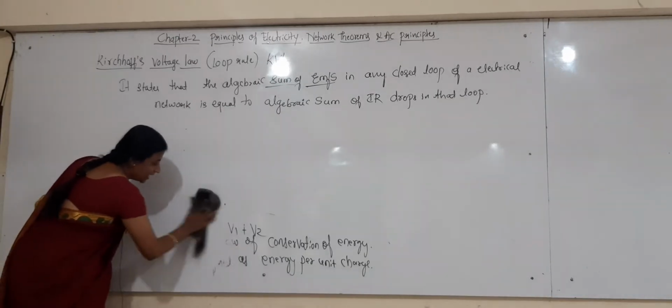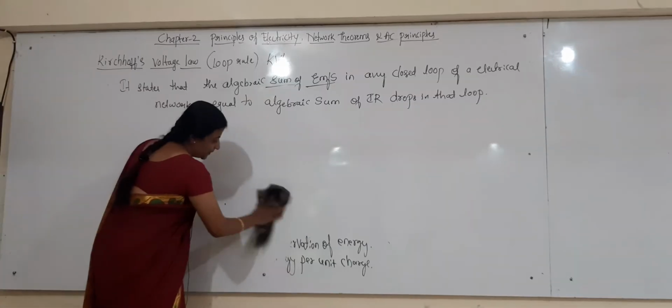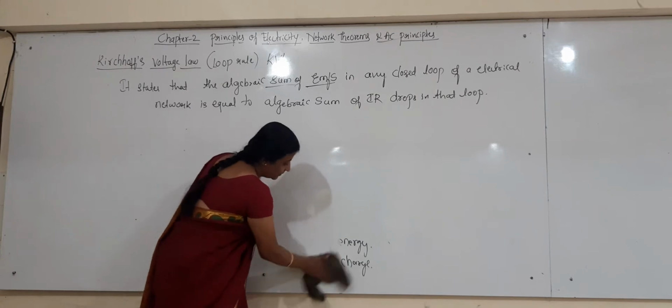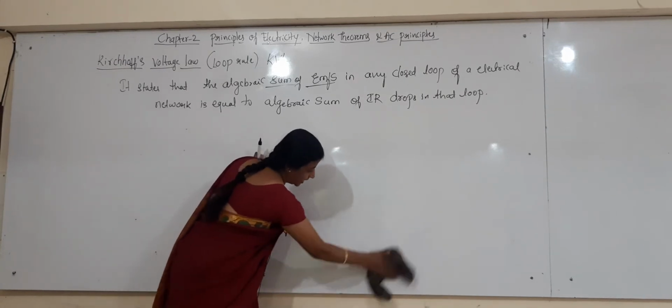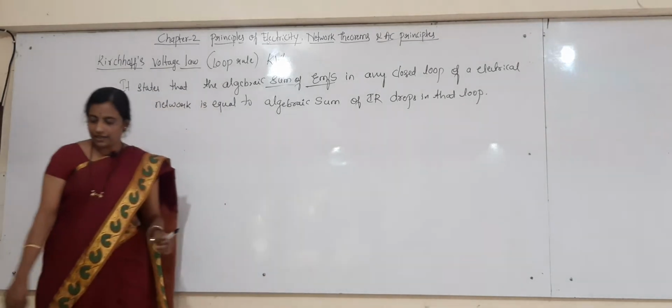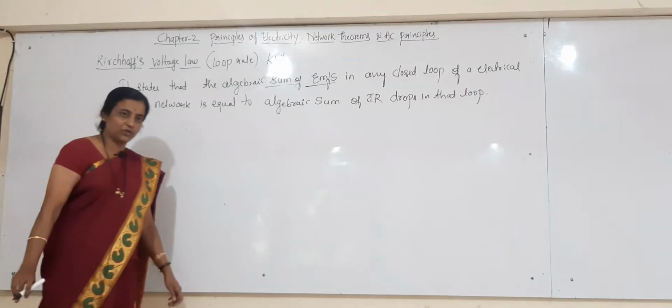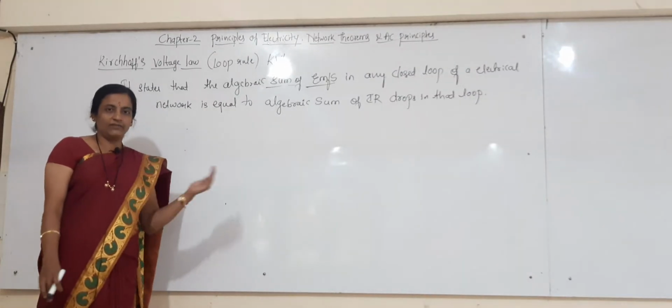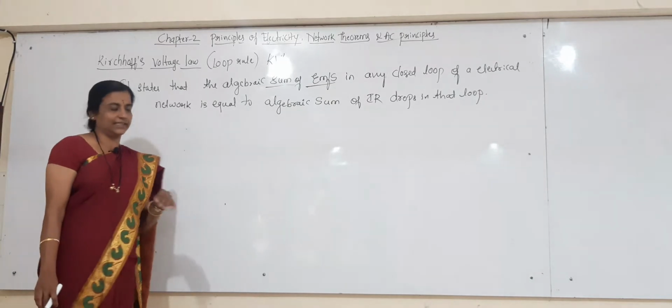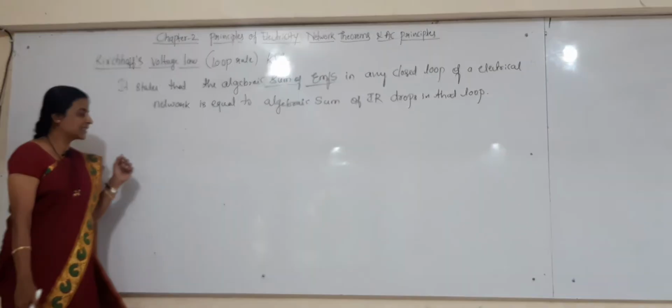Earlier in KCL, how was the sign convention taken? The currents entering a node are taken as positive, and whatever currents are leaving the node are taken as negative. But for this KVL, what happens?